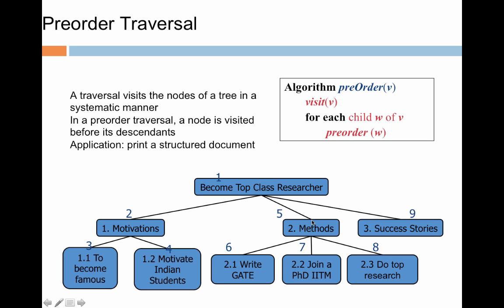Then it considers this subtree of the root, marks this as visited, then explores this subtree, then this subtree, then this subtree. Then this whole subtree is visited. Then it comes here, visits this subtree, the whole tree is visited, and the function exits. So the numbers associated with every node are the order in which they are marked as visited.